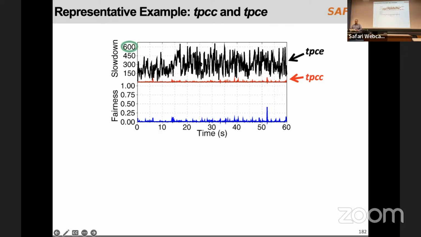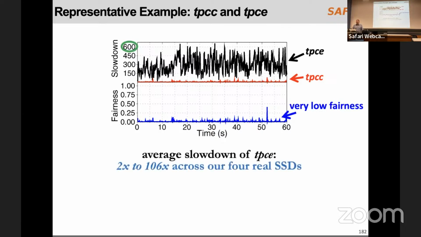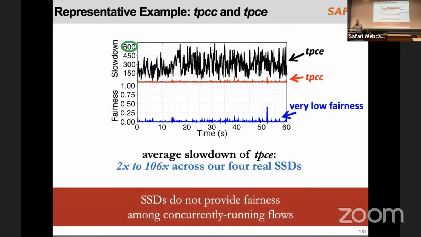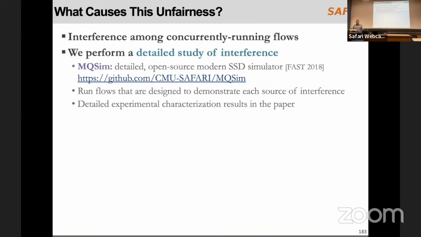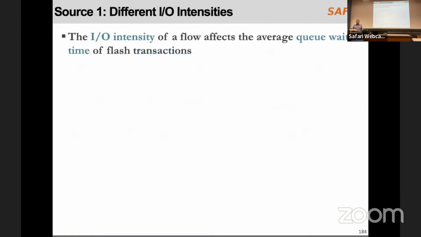As a result, we have very low fairness. So our takeaway was that SSDs do not provide fairness among concurrently running flows. We discussed different reasons that can cause this issue. One source is different IO intensities: the IO intensity of a flow affects the average queue wait time of flash transactions.